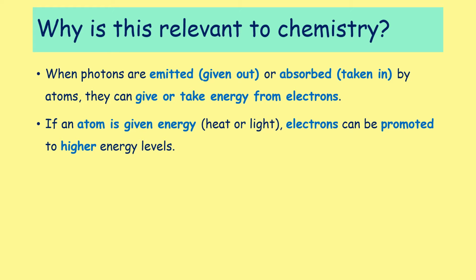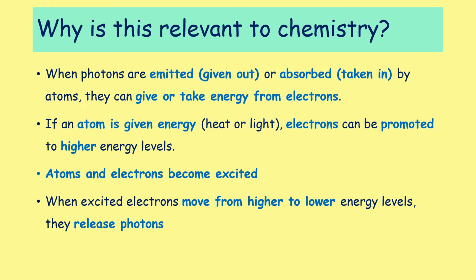So that means they move from one shell to a further out shell. We describe atoms and electrons that have moved to higher energy levels as being excited. And when those excited electrons move from higher back down to lower energy levels, they release photons.